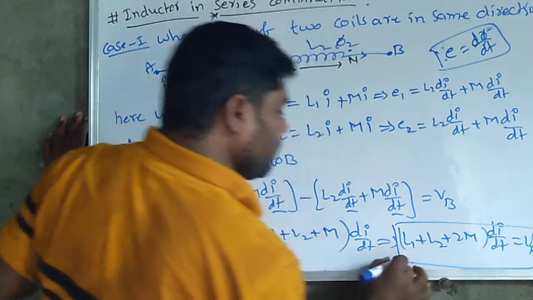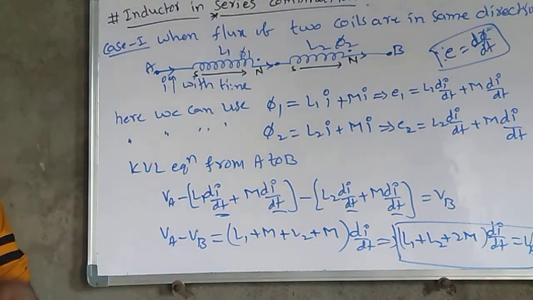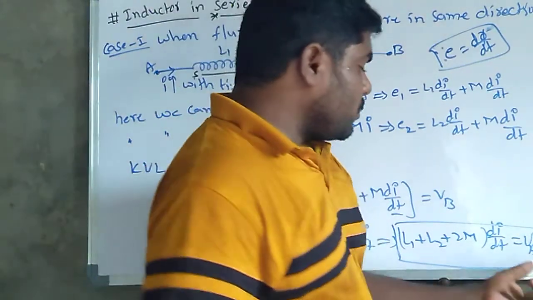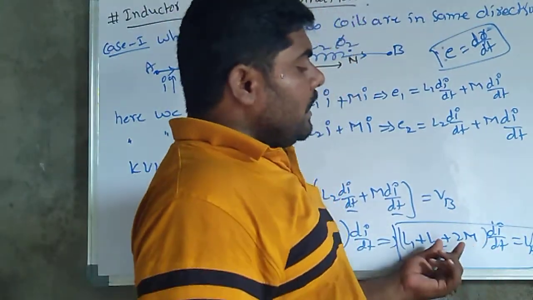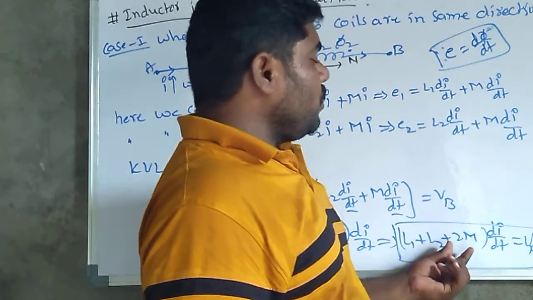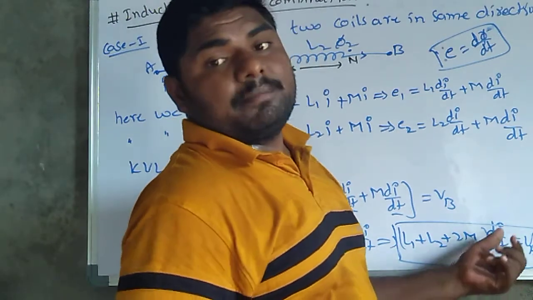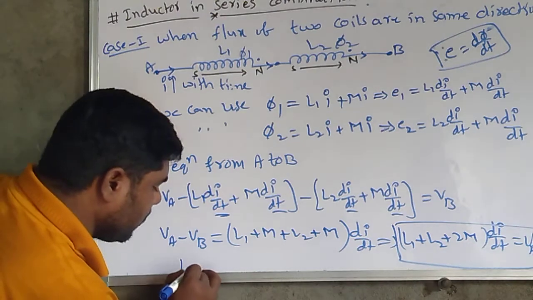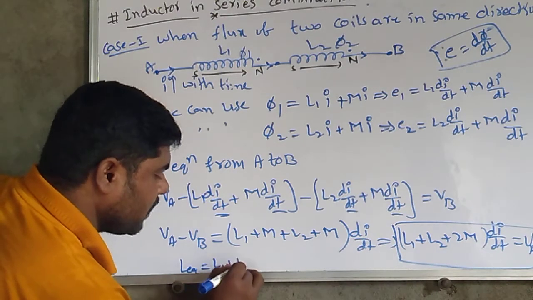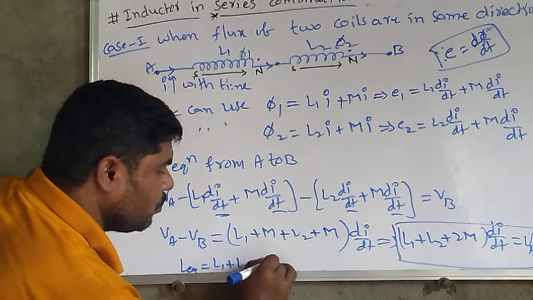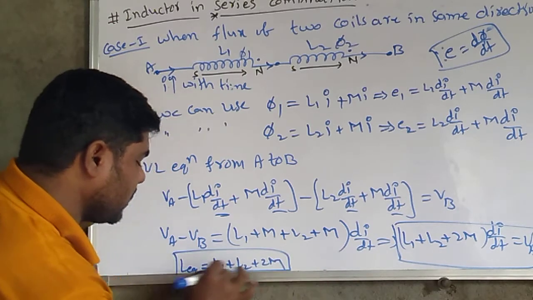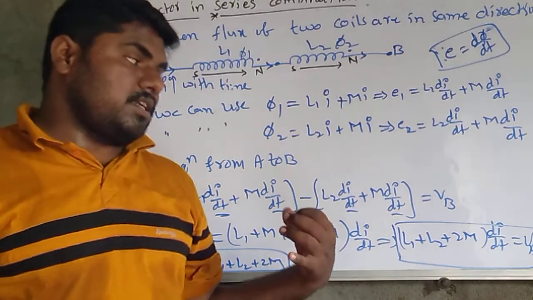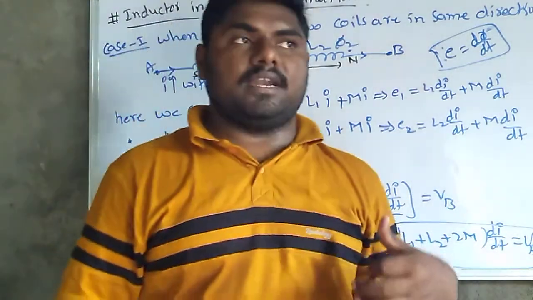This VA minus VB is nothing but the EMF, which is equal to the inductance into di by dt. Comparing that equation, L equivalent is equal to L1 plus L2 plus 2M. This is the resultant self inductance.